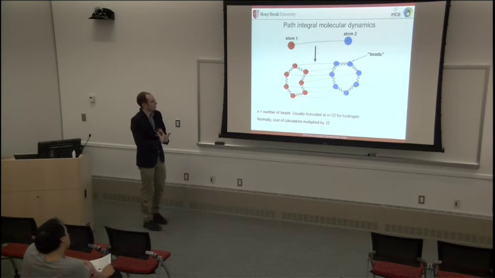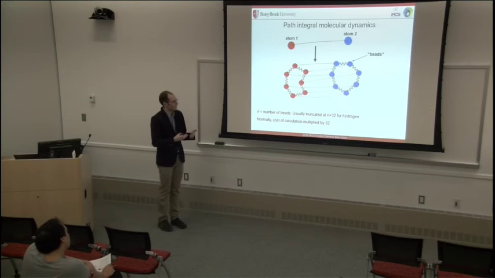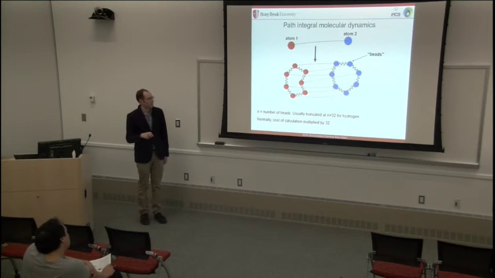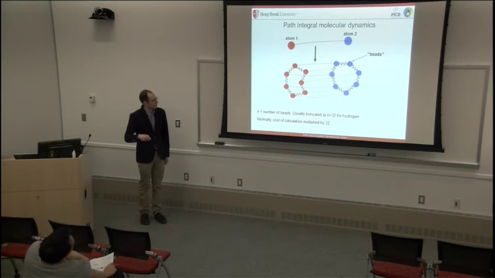What the isomorphism says is that each atom gets mapped onto a ring polymer, which is a collection of pseudo-atoms or beads, connected by harmonic springs. Each bead interacts with the corresponding bead on the other atoms.